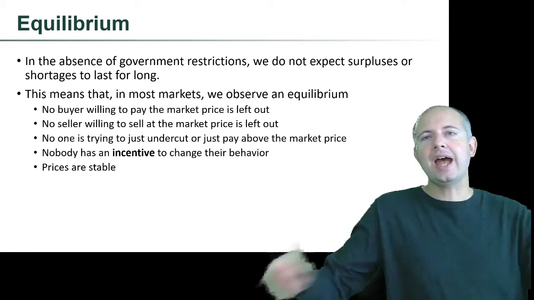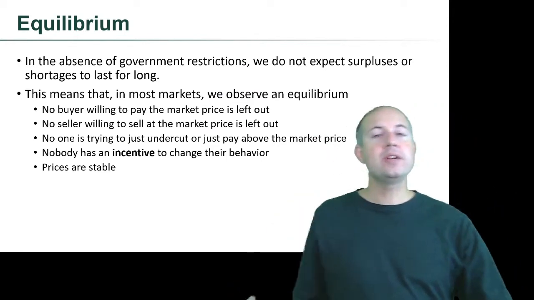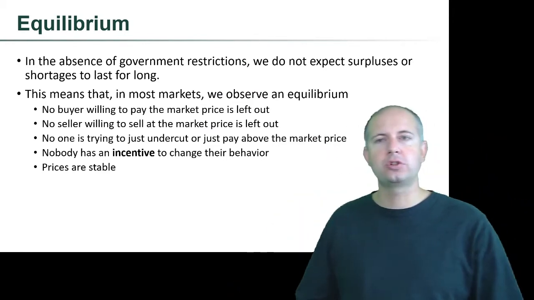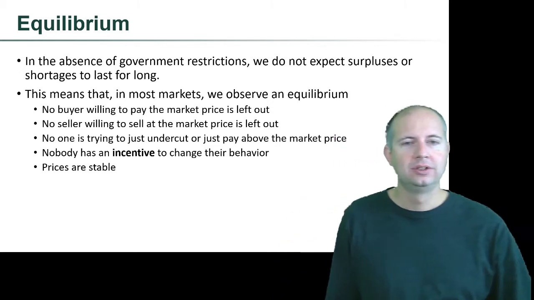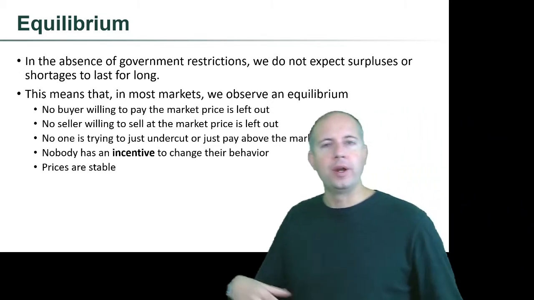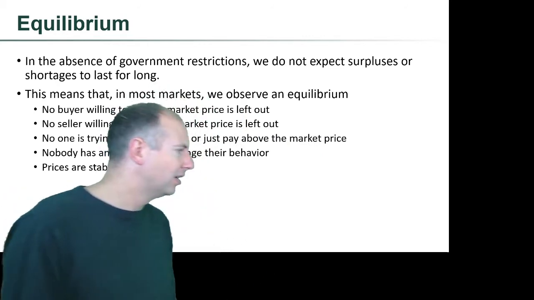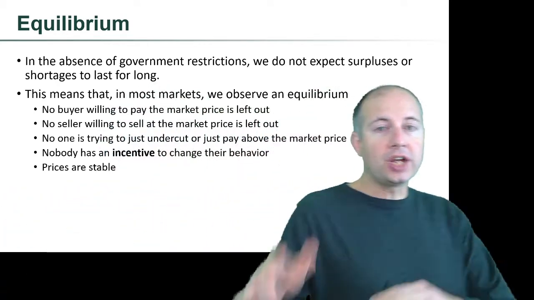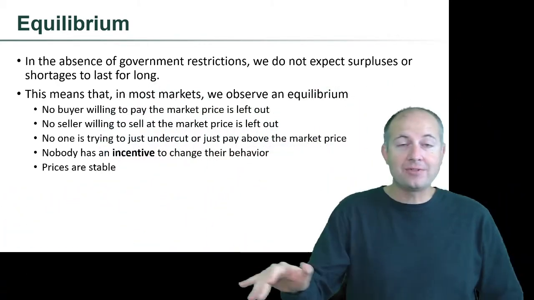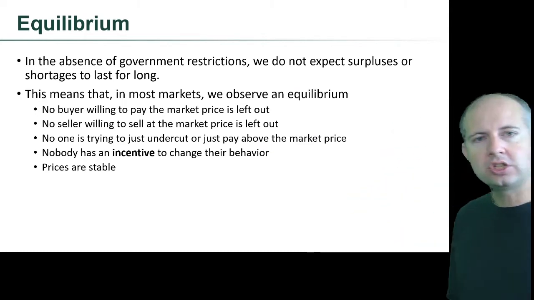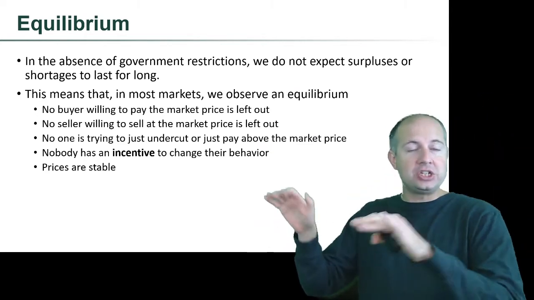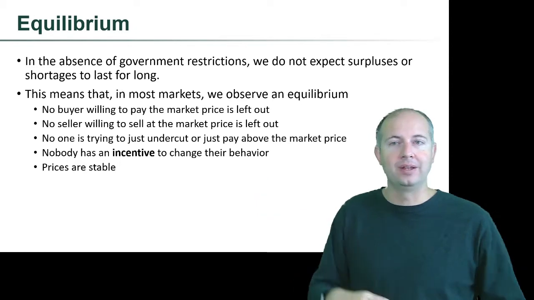So in the absence of government restrictions, we do not expect surpluses or shortages to last for long. Why? Because whenever there is a surplus, we see the sellers undercut each other to push the price down to equilibrium. When there's a shortage, the buyers outbid each other to push the price up to an equilibrium.